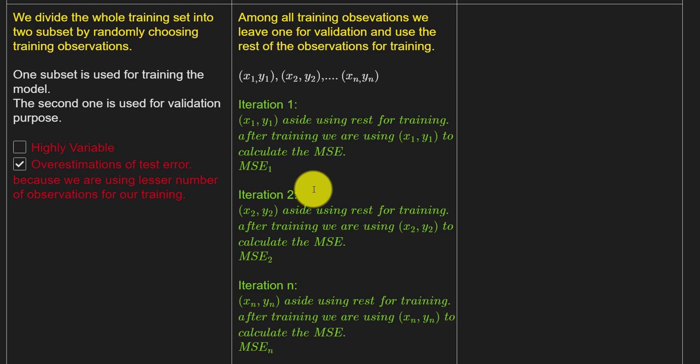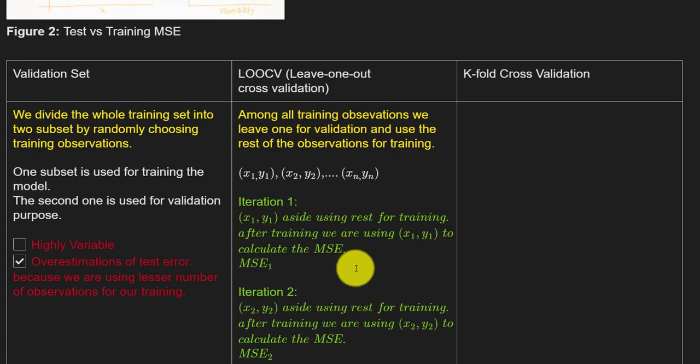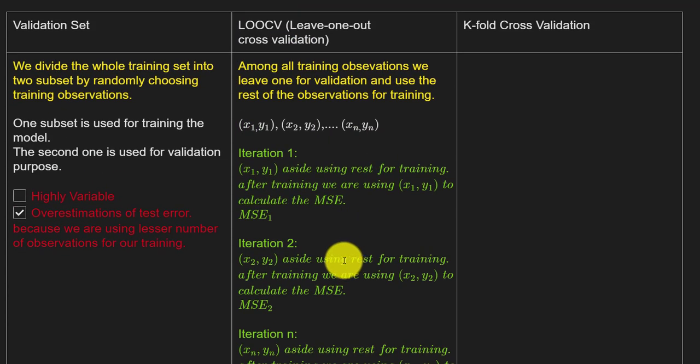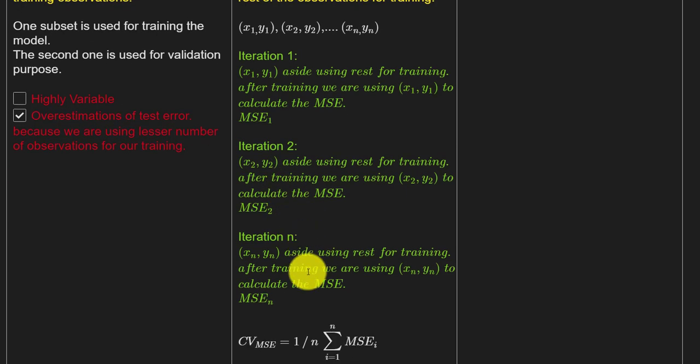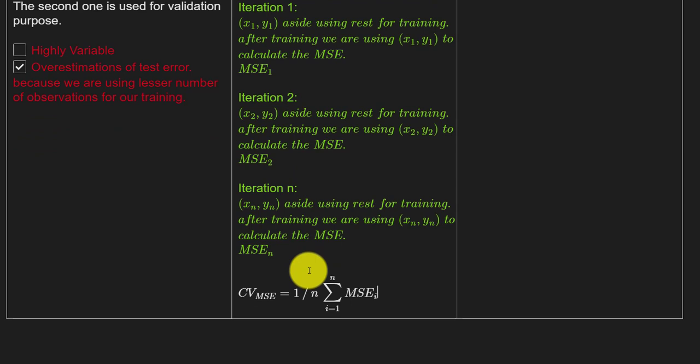But the problem here is, as we are using almost similar training data for training, there is no variability. So performing leave one out cross validation, in each and every iteration it creates similar MSE values. So even though it is solving this problem, it is not a very good measurement of the mean square error.